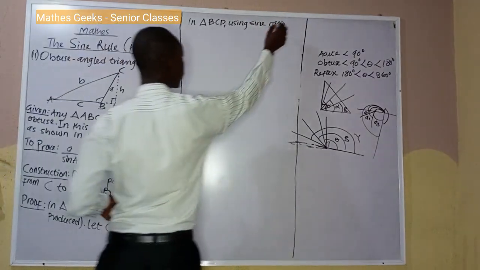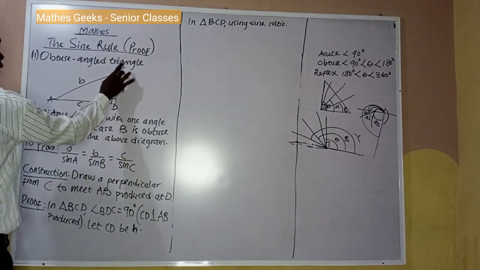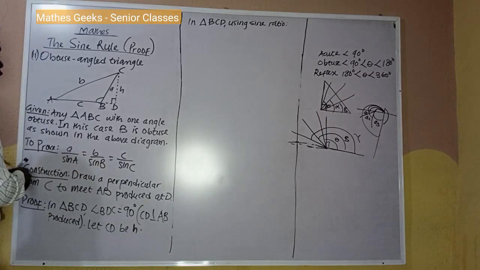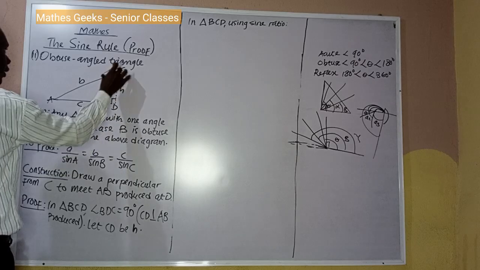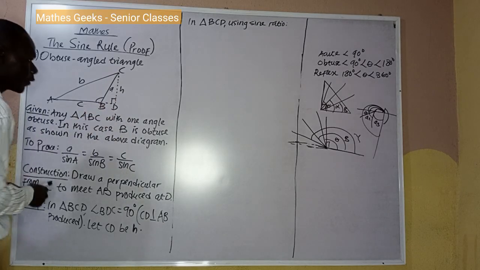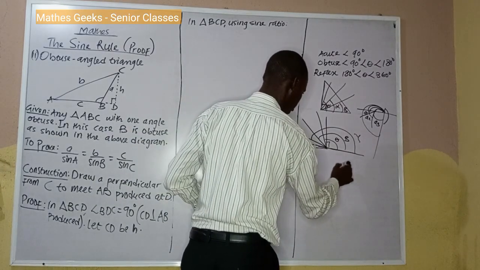So in triangle BCD, here's our triangle BCD, using sine ratio. Now, if you're going to use sine ratio in triangle BCD, that means we are considering these angles, and of course the angle we are going to look at is angle B. Let me draw it clearly.